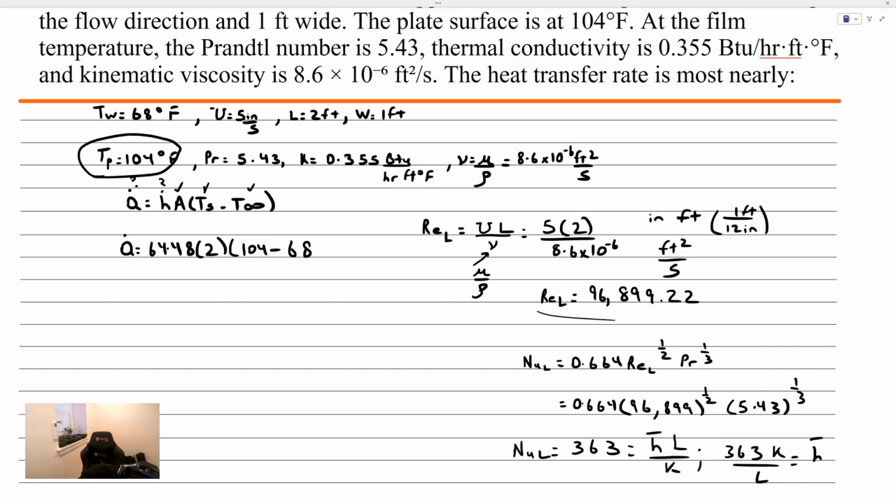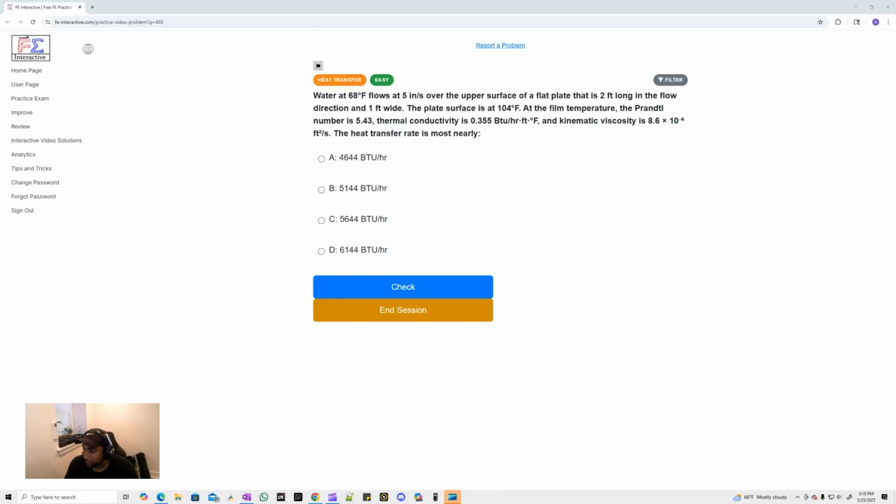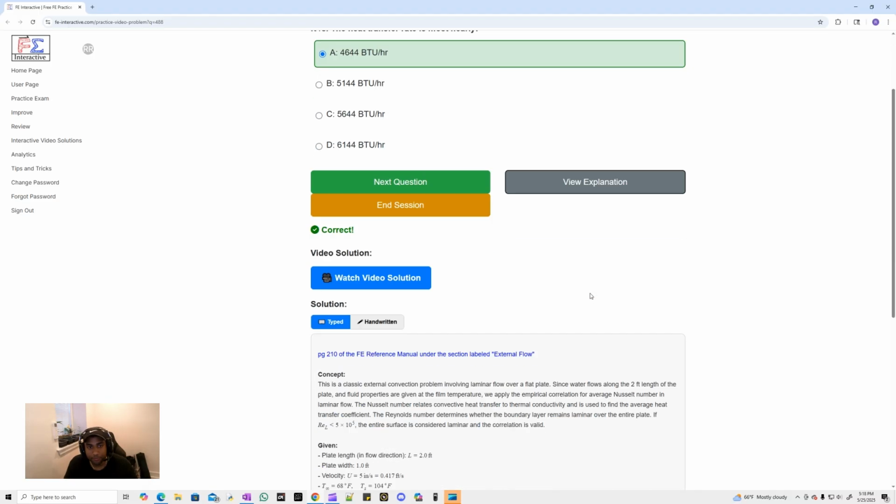Minus the flow temperature, T infinity, that's 68 F. Our Q dot is equal to 46.42. That's BTUs per hour. Let's go ahead and check this answer. That's pretty close to this answer up here, choice A.